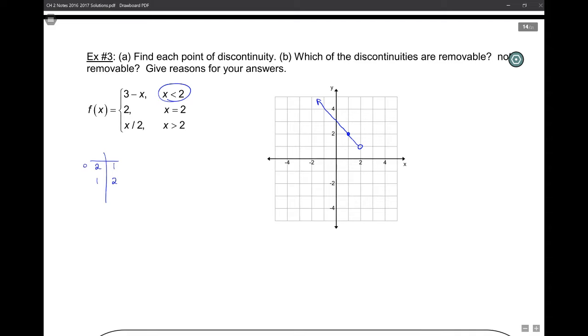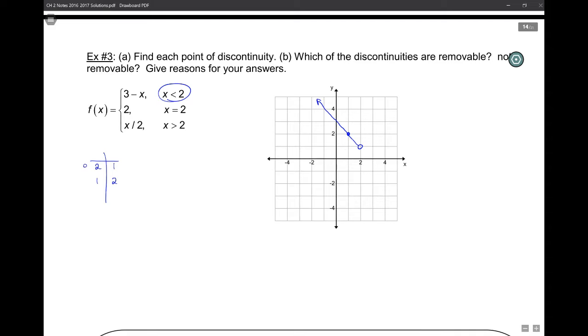Okay, so we want to make this piecewise function continuous. If it's a piecewise function, we want to look specifically at the domain part. Everything up to 2 is going to be continuous here, because that's the equation of a line. This is also the equation of a line, ax plus 1.